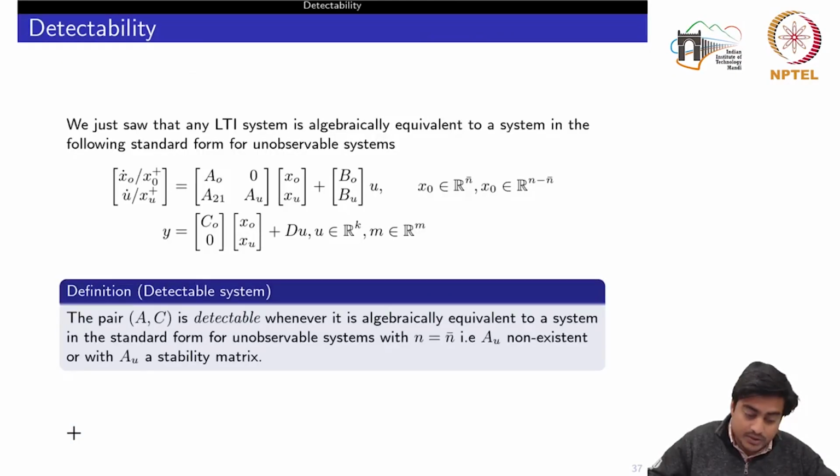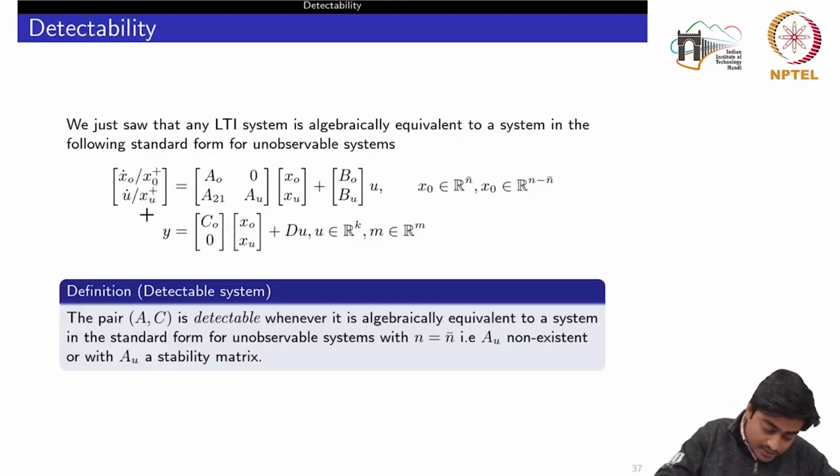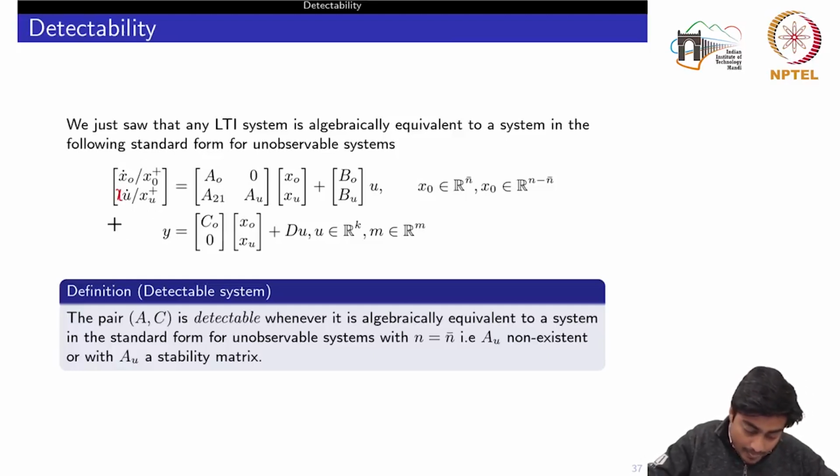Now after this decomposition, we will go towards obtaining weaker results than observability. So we had seen that the LTI system is algebraically equivalent to a system in the following standard form for the unobservable systems, right, where we have decomposed the states. So this is XU dot, do not confuse, this is XU dot as in the observable and unobservable decomposition.